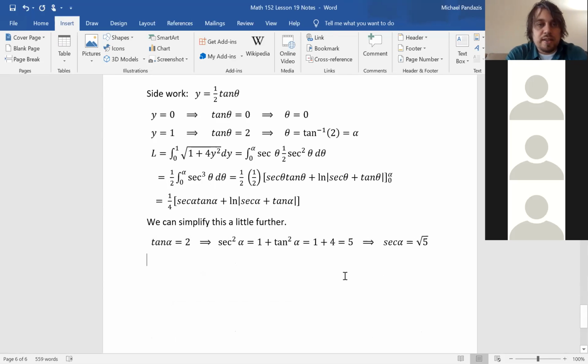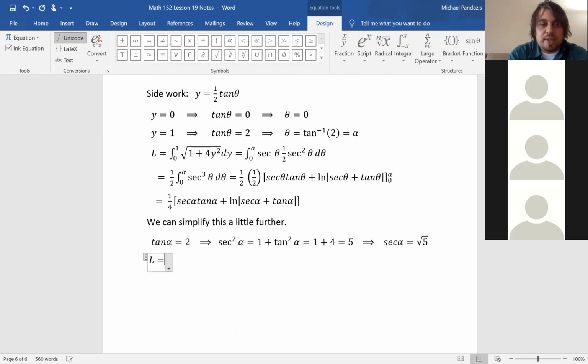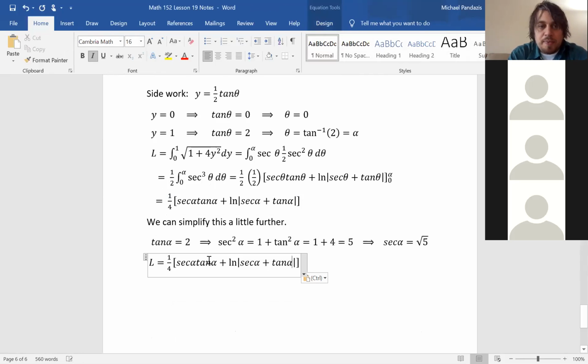And so then you can say that L is equal to this, which is what we already have.